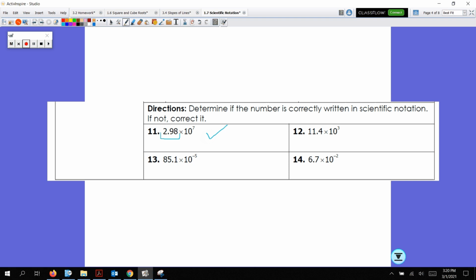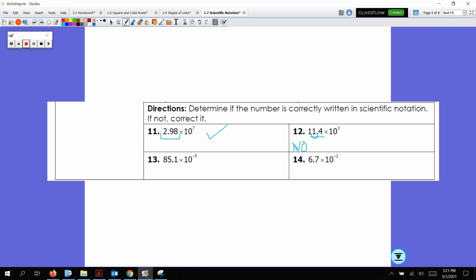Number 12. Is this number bigger than 1? Yes, it's 11.4. Is it smaller than 10? No, it is not smaller. It's too big, so we need to move it. So no. We need to move it one more place to the left.